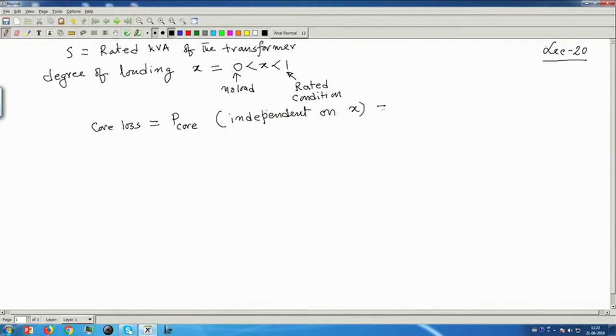That is, it is constant no matter whether no load or full load, and this P core can be obtained from the wattmeter reading of the no load test.